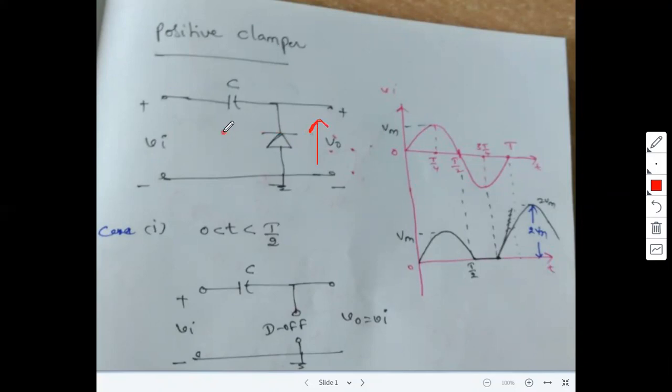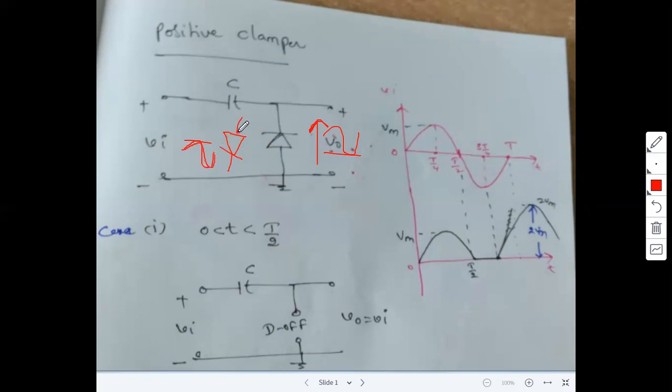Whereas in negative clamper, the diode symbol is downward, which indicates that the signal is shifted below the zero axis. In positive clamper, the signal is shifted above the zero axis; in negative clamper, below the zero axis.